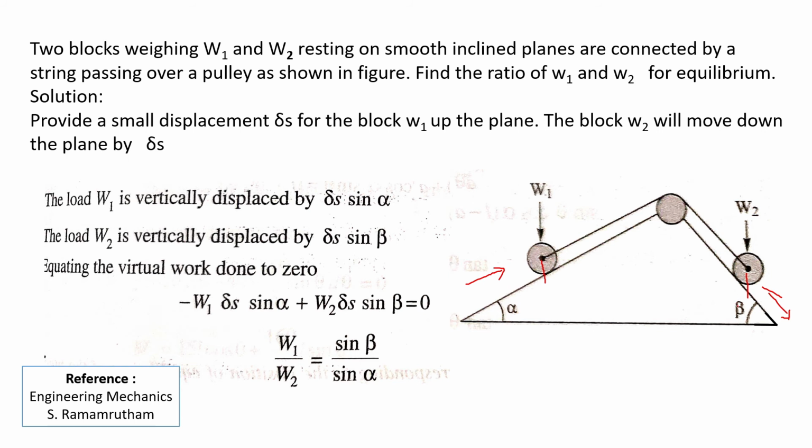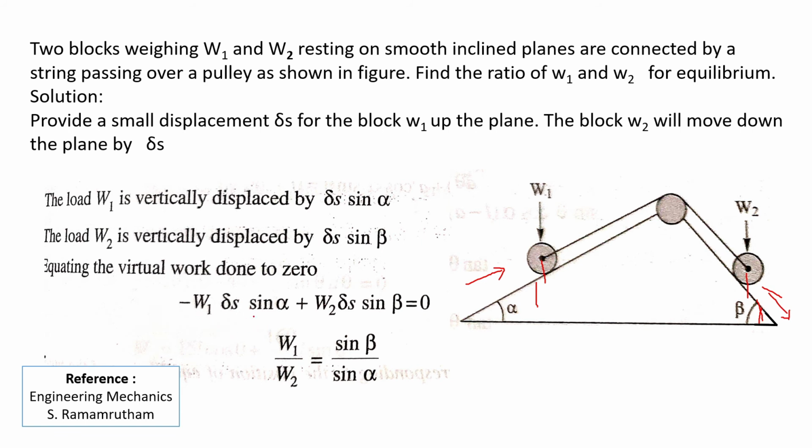Now the load W1 is vertically displaced in terms of the distance delta s and sine alpha. So we can see that this is the vertical displacement for this right angle triangle, and here also this is the vertical displacement we get. Now one is moving in the upward direction and the other one is moving in the downward direction.